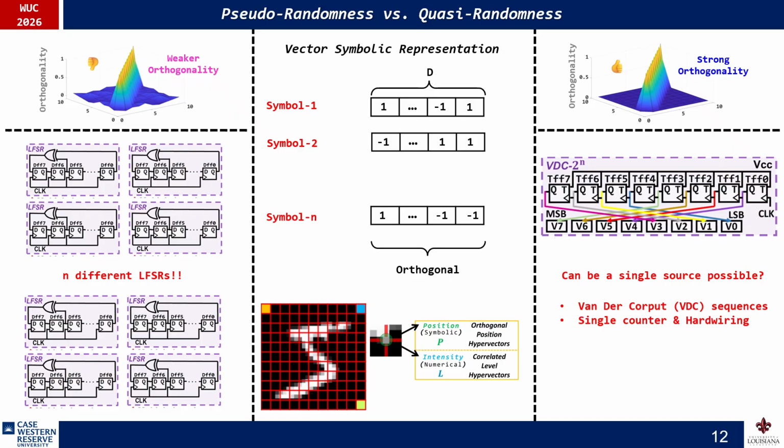As you can see here, I may need n different LFSR settings, which is costly in terms of hardware. But for our proposal, we have a unique architecture on the right-hand side, benefiting from quasi-randomness, and by using only a single source, we can obtain n different orthogonal vectors.